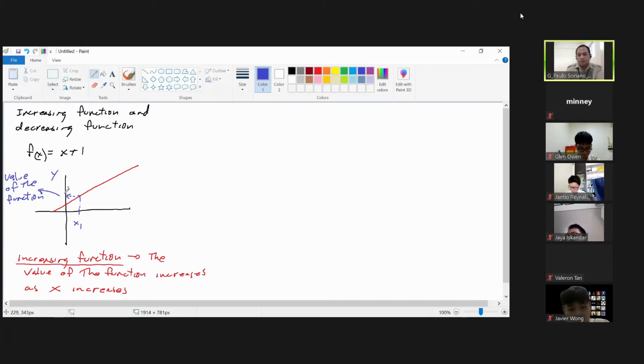So what is the behavior of the function when we increase x? When we increase to x2, up here, the value of the function, based on this graph, is also going to increase. It goes up. So as x increases, the value of the function also increases.